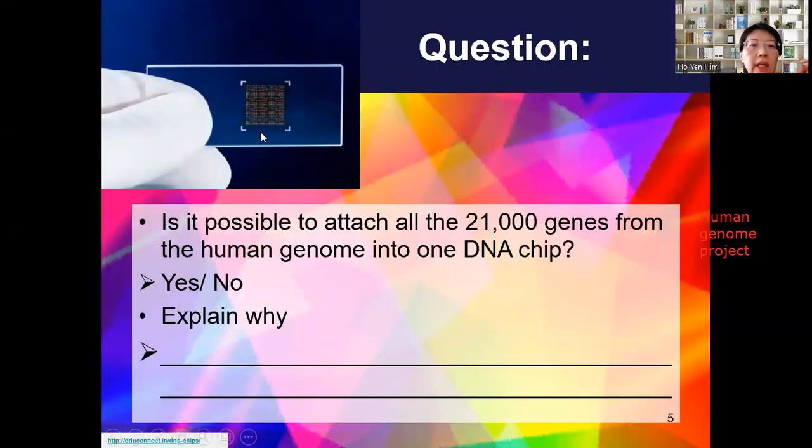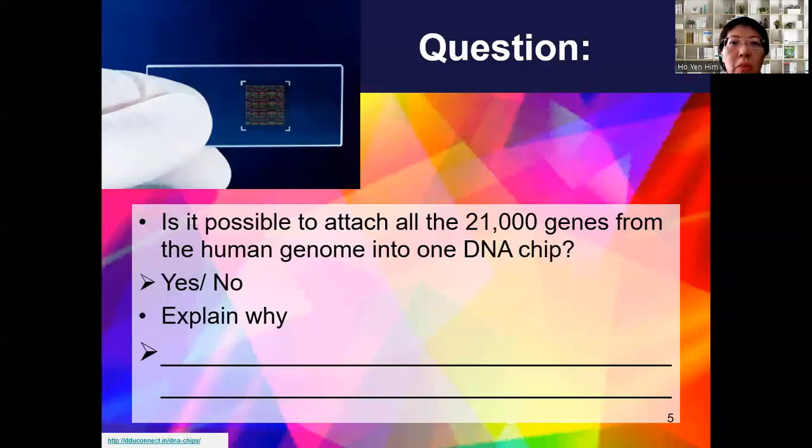So my question here is, this is a microarray, very small, 2 cm times 2 cm. Is it possible to attach all the 21,000 genes from the human genome into one DNA chip? Yes or no, and explain why.